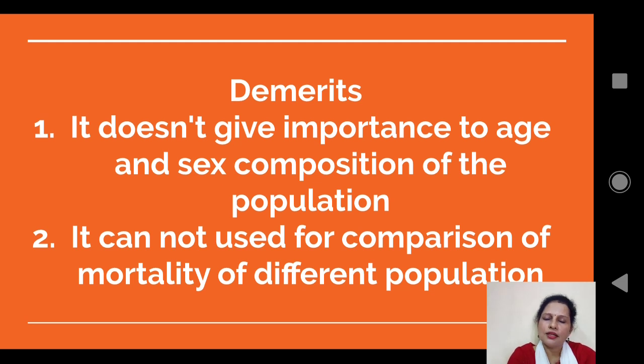We know that death is more among males than females, and death is more among infant children and old people than adults. So we need a measure which gives importance to age and sex composition of the population. Second one, it cannot be used for comparison of mortality of different populations. The reason is, it does not give importance to age and sex composition of the population.